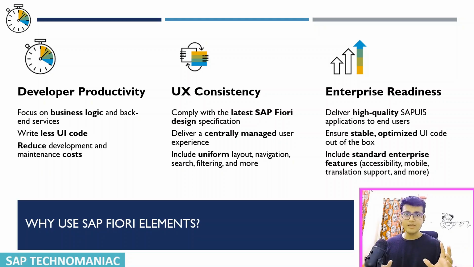So the user who is using multiple applications has a different approach to follow for the different applications. So the UI will not be consistent throughout the different applications. But when you develop the Fiori application using Fiori elements, your UI will be consistent.